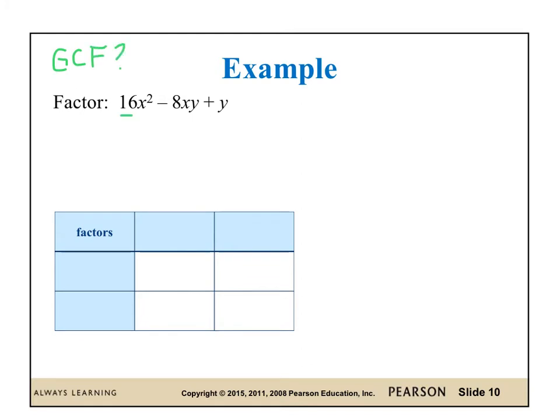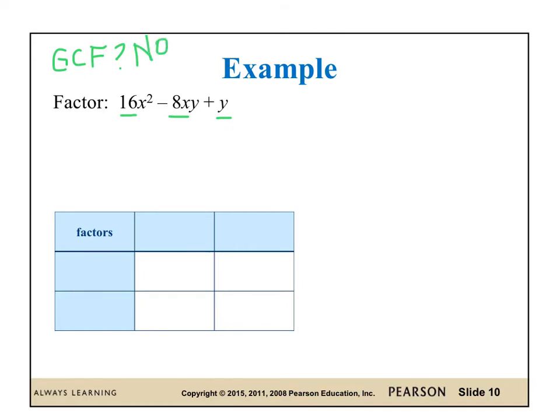Since we're looking at 16x squared, -8xy, well, there are common factors there, but this is a y and this is an x squared, so there is no greatest common factor there. So no greatest common factor.